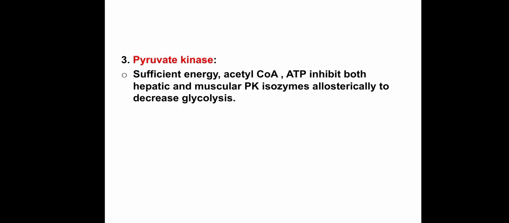When a sufficient energy supply is ensured in the cell by a high cellular concentration of free fatty acids, acetyl CoA, or ATP, this inhibits both the hepatic and the muscular pyruvate kinase isozymes allosterically.